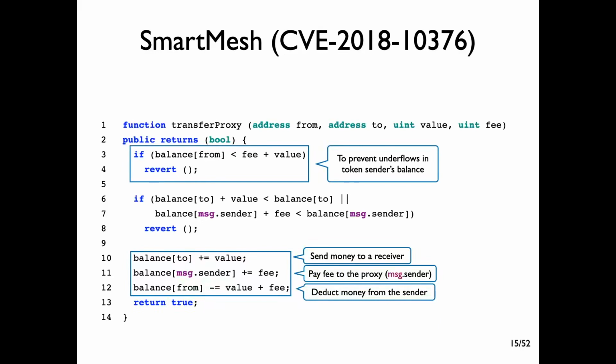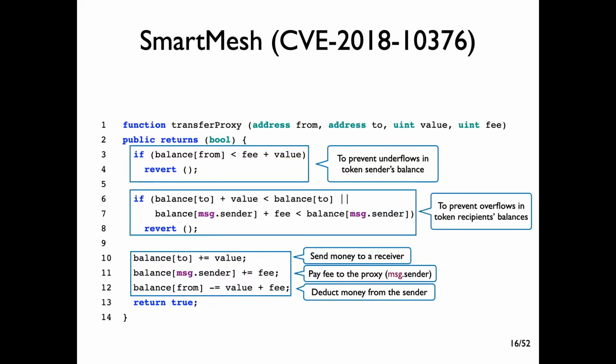There are also guard statements to transfer money safely. The first if statement aims to prevent underflows in the token sender's balance. The second if statement aims to prevent overflows in the token receiver's balance. However, the function still has a loophole at line 3.